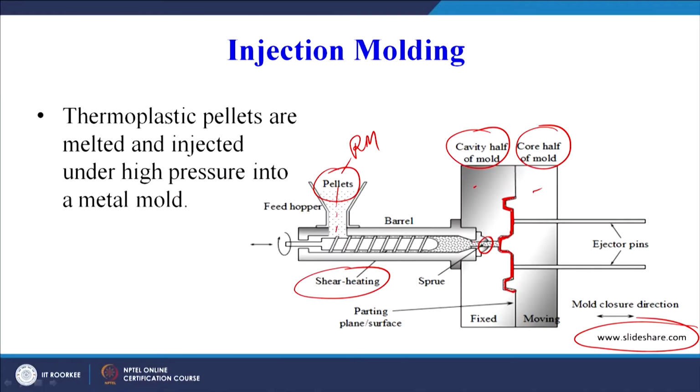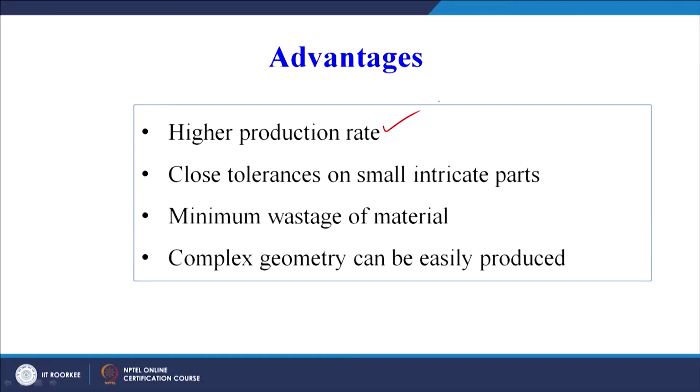So, what can be the advantages here? We can make slightly more complex designs using the injection molding process as compared to the compression molding process. The production rate is very high, with close tolerances on small intricate parts.